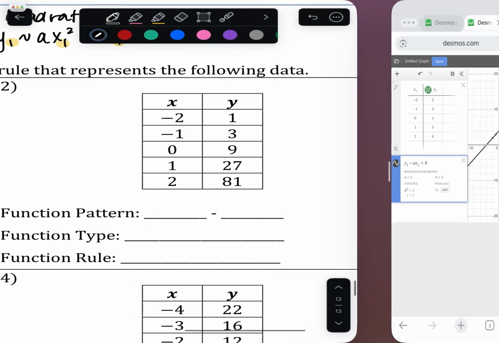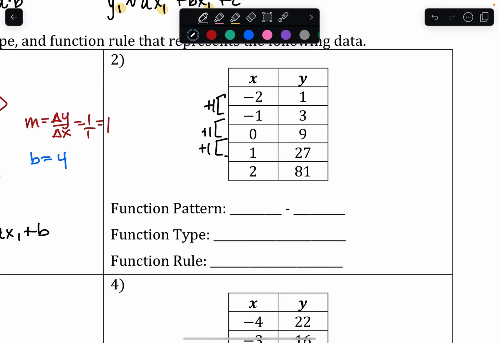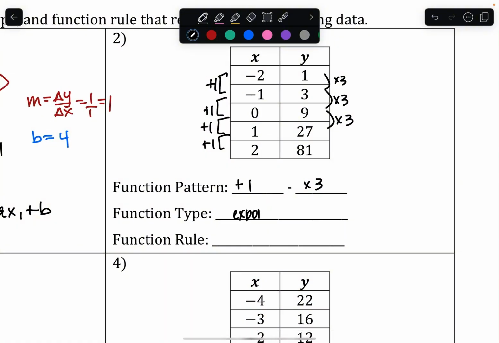Okay, looking at this next example, it looks like my x's are going up by 1 each time. And my y's are multiplying by 3. Okay, so adding 1 and then times 3. And so this is an exponential function. Okay, and so we know we're looking for a times b to the x.